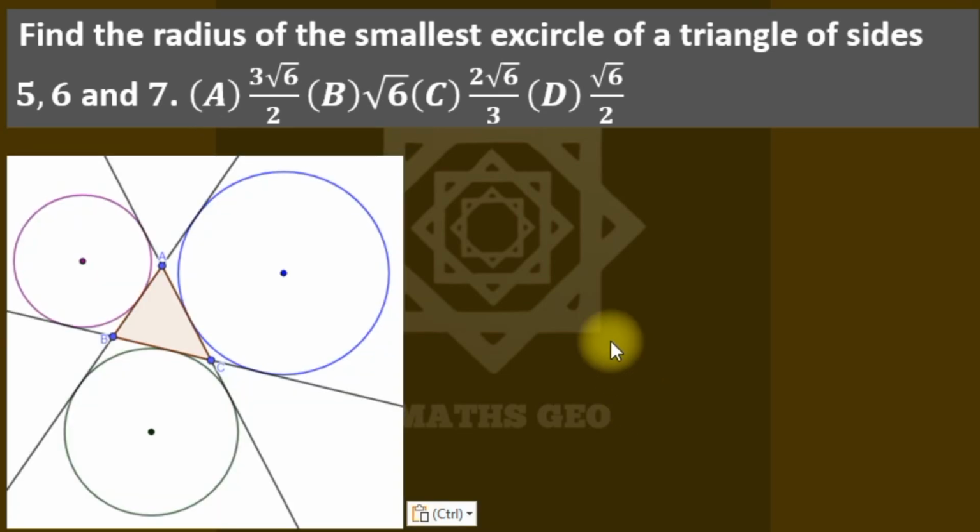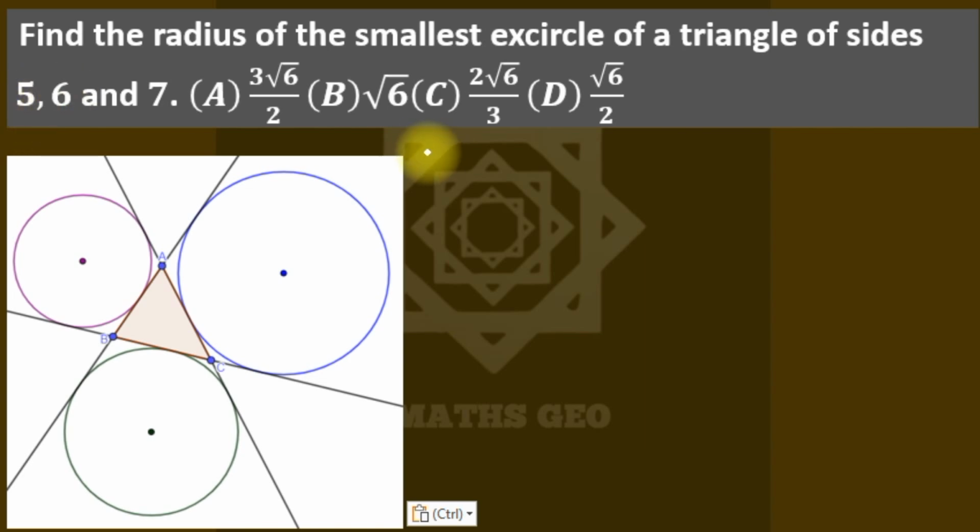Each triangle has three excircles, since a triangle has three sides. Common sense tells us that the smaller the side, the smaller the excircle. So we are asked to find the radius of the circle that is tangent to the side of length 5, since that's the smallest side here.